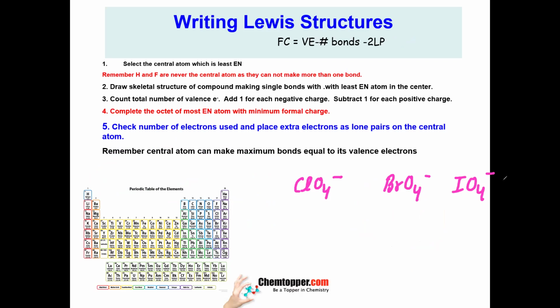Are you interested in making it for this BrO4 minus? Ready? Let's make it for BrO4 minus. Check Br. Any objection for expanded octet? Br can have expanded. Yeah, okay, good. How many maximum bonds can Br make? And there is one minus. So how many oxygens are singly bonded around Br?